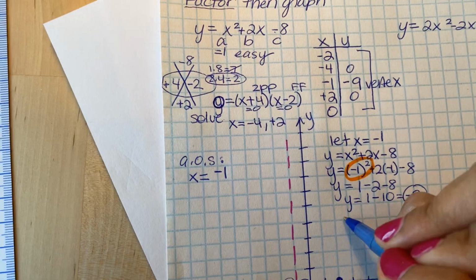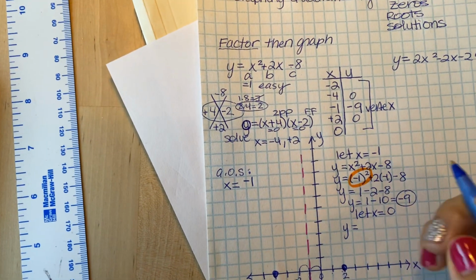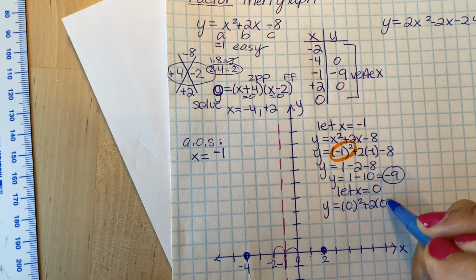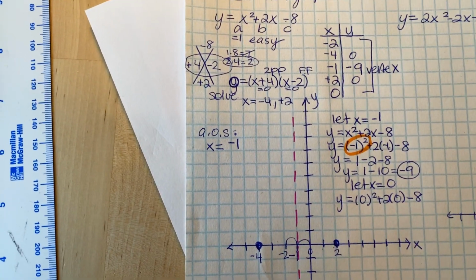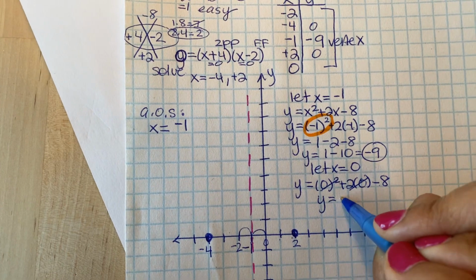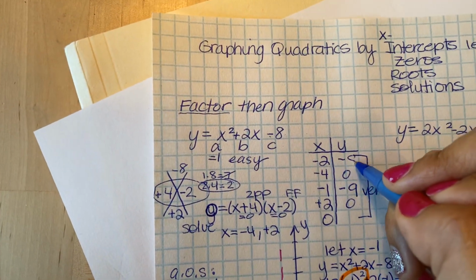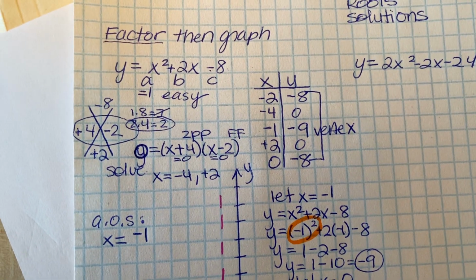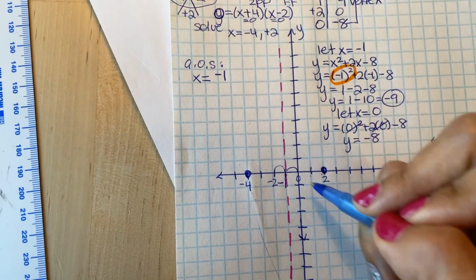All right, we're going to let x equal 0 and I get y is equal to 0 squared plus 2 times 0 minus 8. This is 0, this is 0, that's -8, so y is -8. Okay, 0, -8.